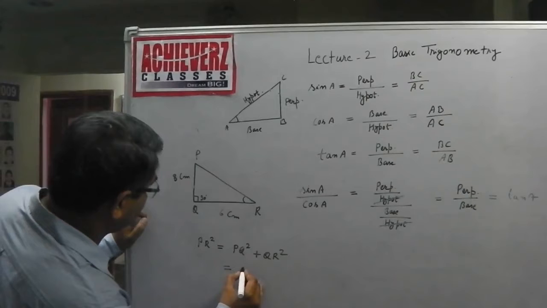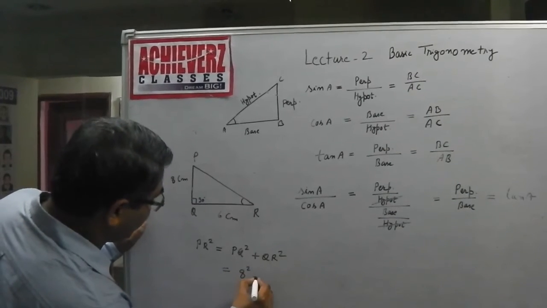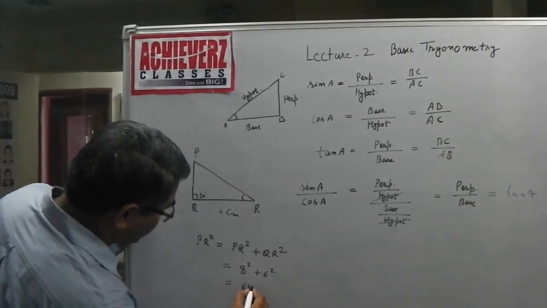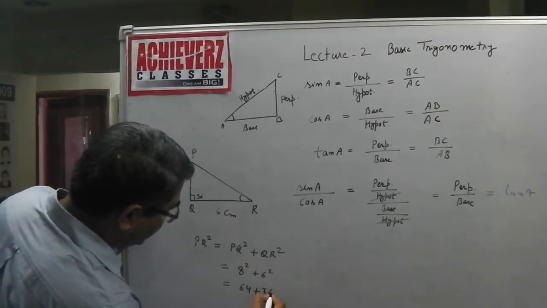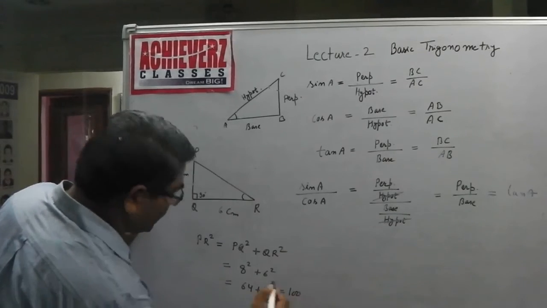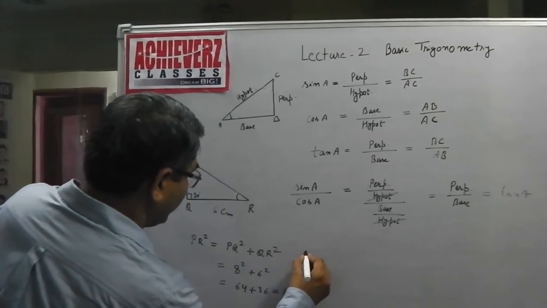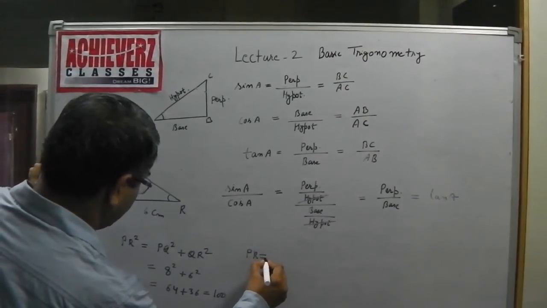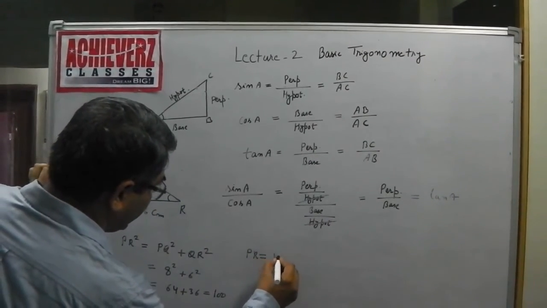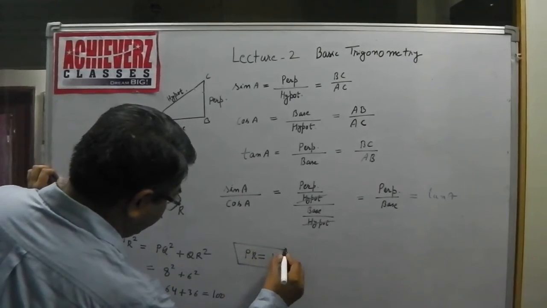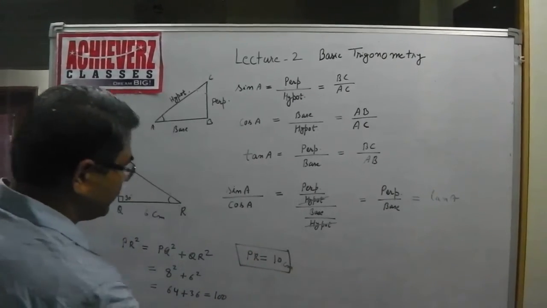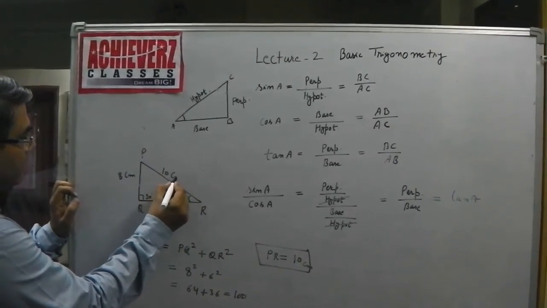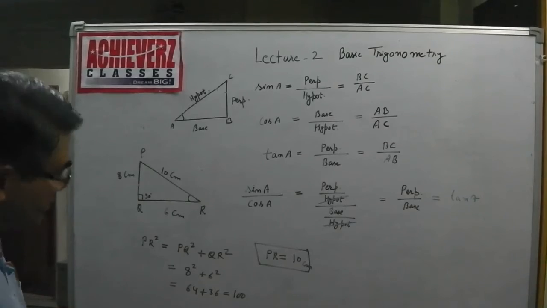That means 8 square plus 6 square, that will be 64 plus 36 is equal to 100, and this will give you PR is equal to 10 centimeter. So now you have this hypotenuse as 10 centimeter.